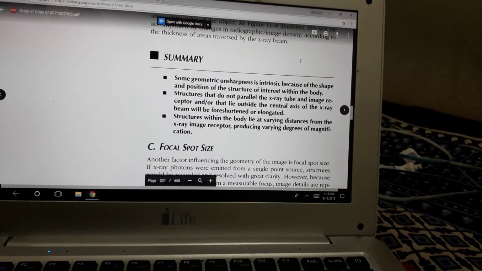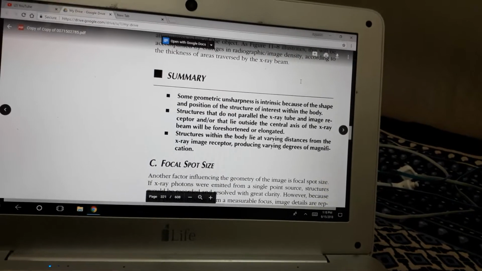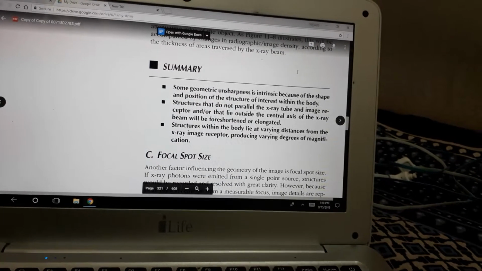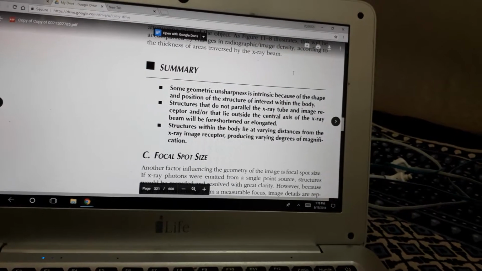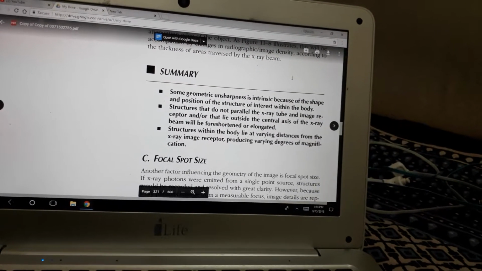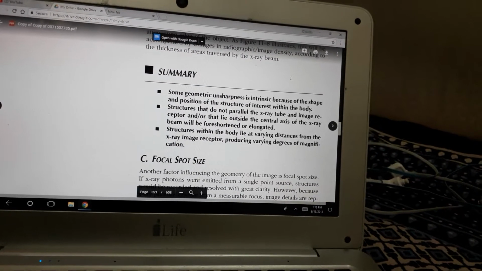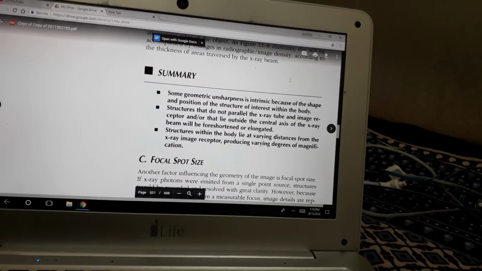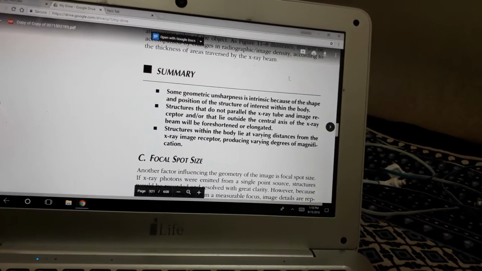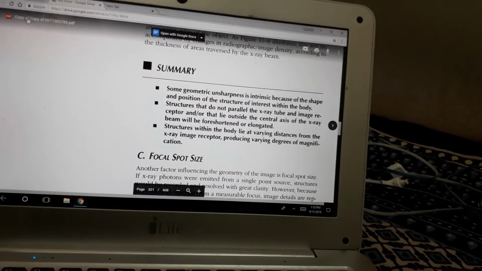Structures that are not parallel to the X-ray tube and image receptor, and/or that lie outside the central axis of the X-ray beam will be foreshortened or elongated. Structures within the body lie at varying distances from the image receptor, producing varying degrees of magnification.